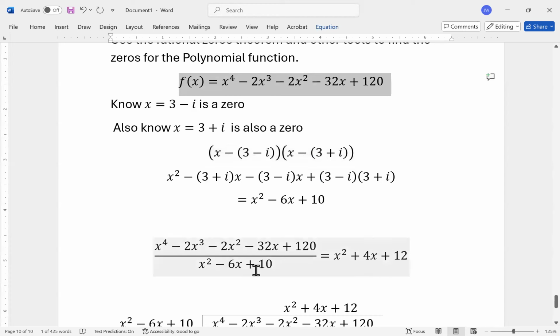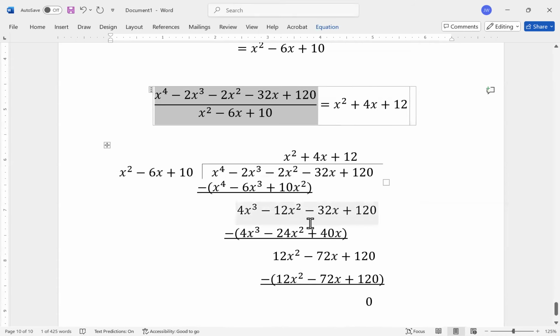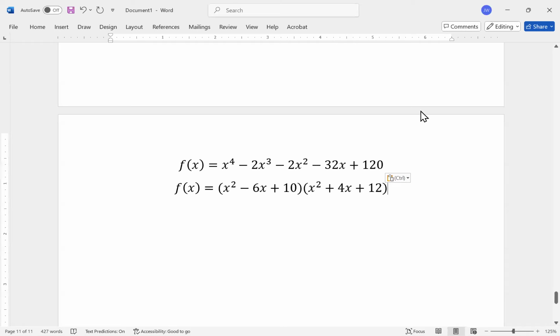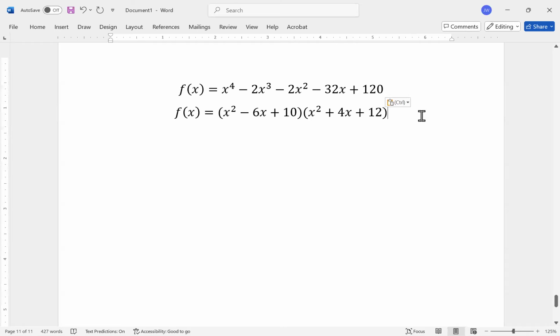And what I'm saying is that fourth degree polynomial can be written as this quadratic times this quadratic. So let's go ahead and do that. So there you go. I have written the polynomial in both ways. Fourth degree polynomial is equal to the first quadratic times the second quadratic. And now we can solve both.